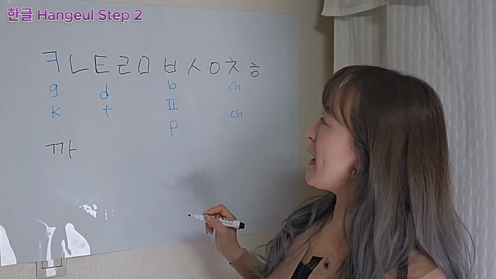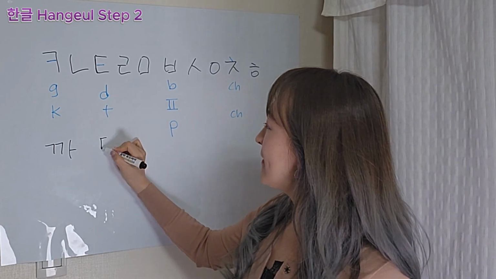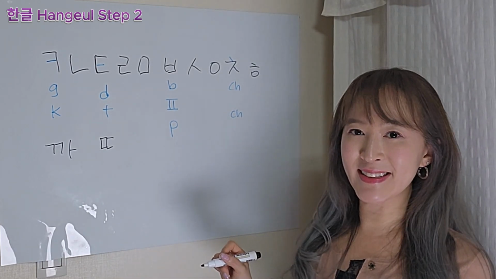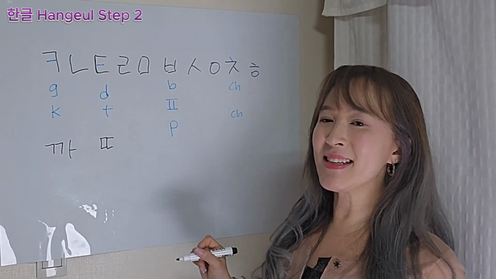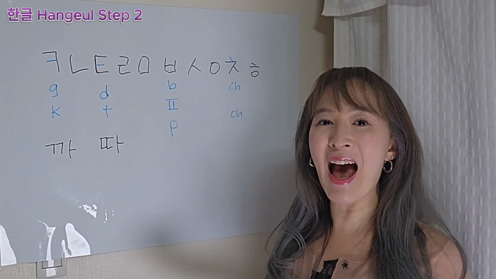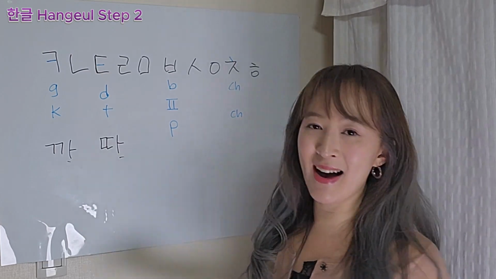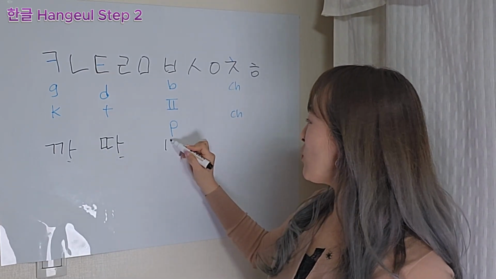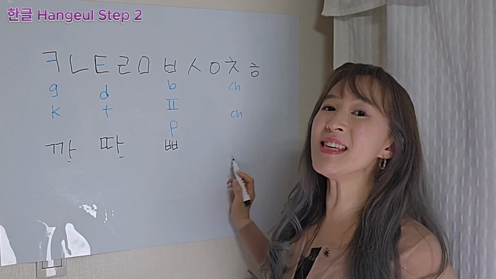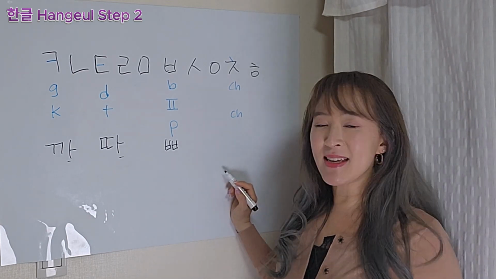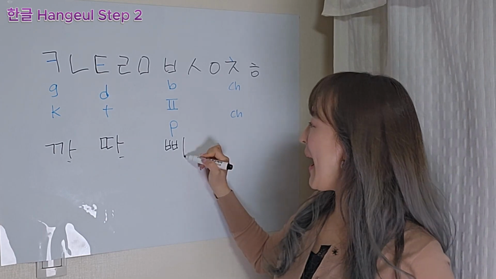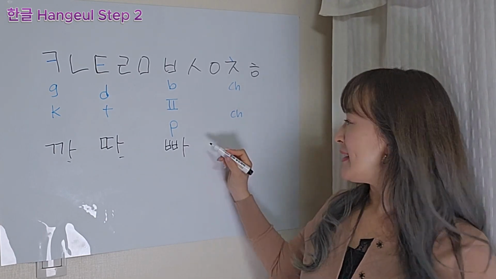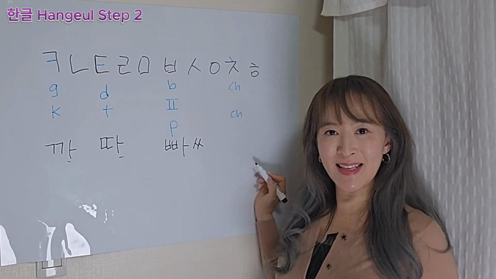And the next one we have is 쌍디귿. 쌍디귿 is da. I'll just keep putting a. So da, da. And the next one we have is 쌍비읍. 쌍비읍 is ba, ba, b sound. And 쌍시옷.